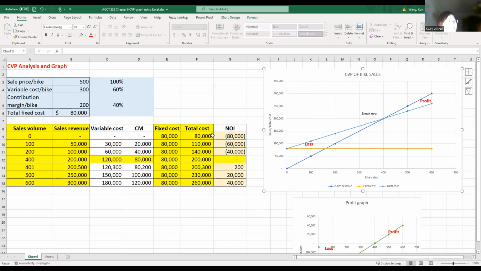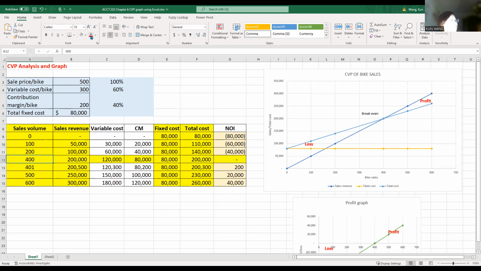So you summarize the different levels of the profit, with the volume starting from 0 and increasing. At 400, we break even. And I intentionally have 401, showing 1 additional unit beyond the break even. So you just take the unit contribution margin as your profit, because we have 1 unit above the break even.